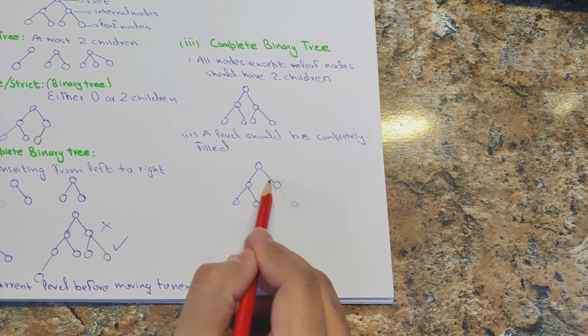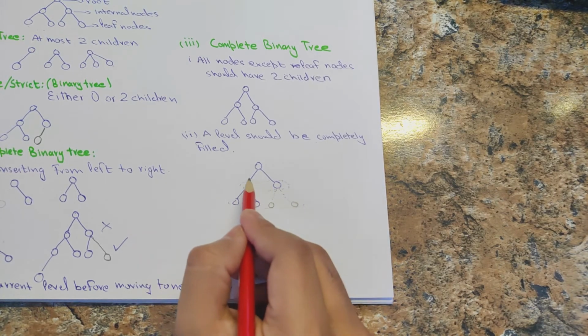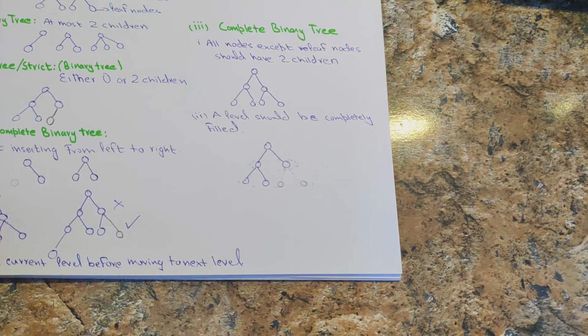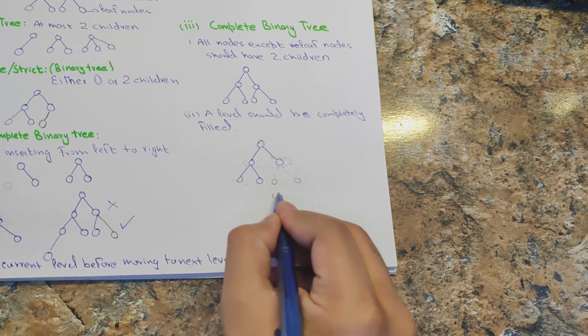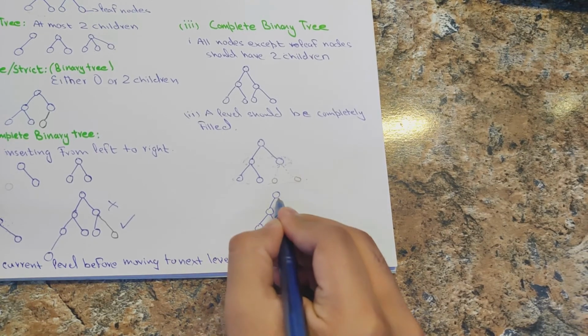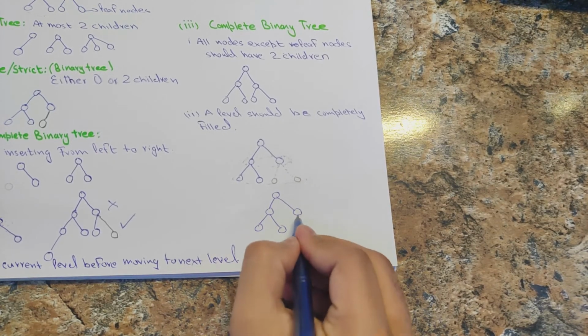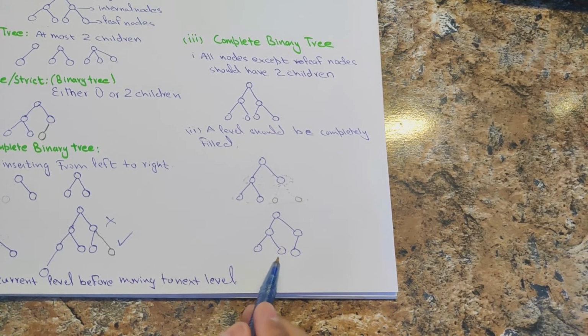So remember guys, you need to fill every level. Except the leaf nodes, you need to fill all the levels. So a level should be completely filled. So let's try to draw another example. For example, we draw like this. Now, is this a complete binary tree?